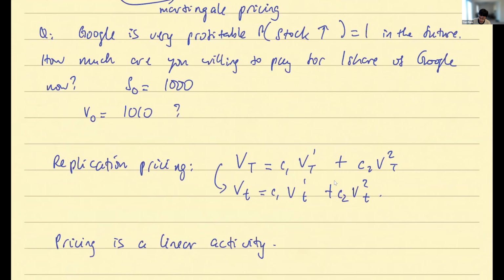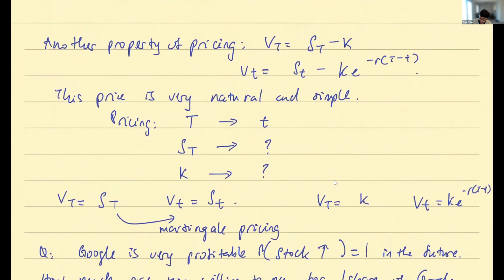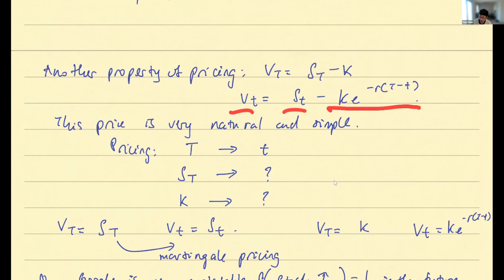Now, where do you see an idea like this? First of all, like I said, you see it in the forward contract. You replicate the forward contract by using these two simple pieces. Therefore, the price of the forward contract at any time before expiration would be like this.